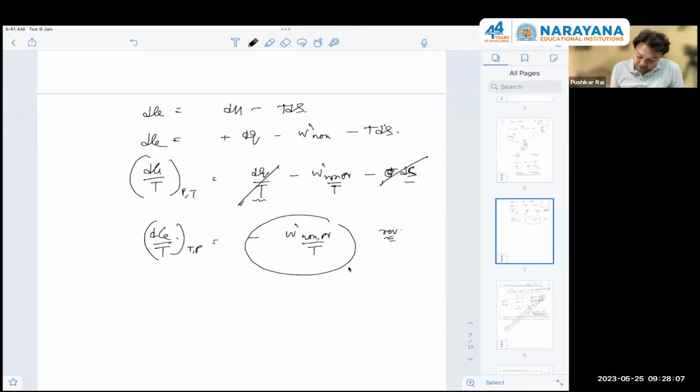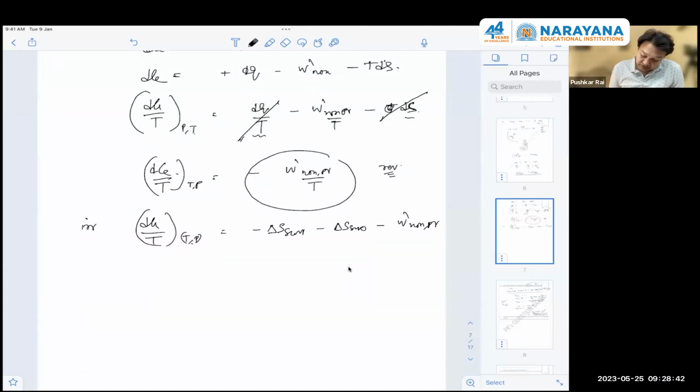And if at constant temperature and pressure it is irreversible, then we can write dq by T minus dS. So if we take a negative sign, this will become minus delta S surrounding, and this we can write minus delta S system, and minus W dash non-PV.